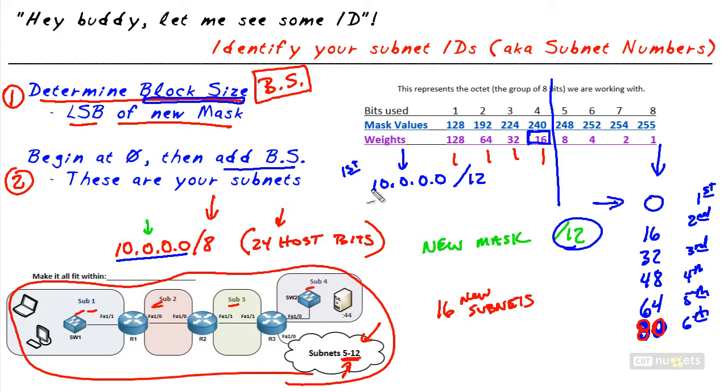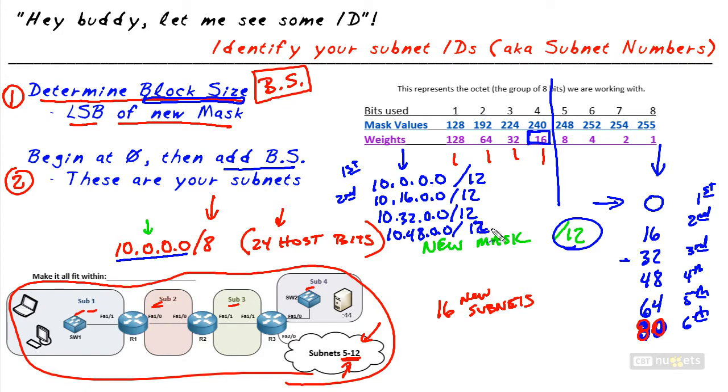For the next subnet, we're going to add that 16. So it's going to be 10.16.0.0/12, and that's our second network. And then 10.32.0.0/12. And that's our third network. And then 10.48.0.0/12.